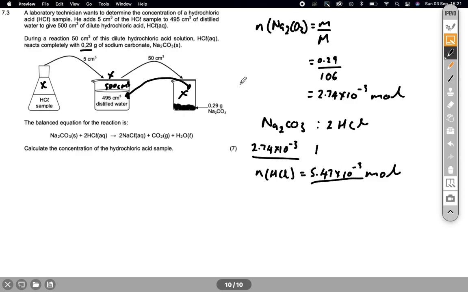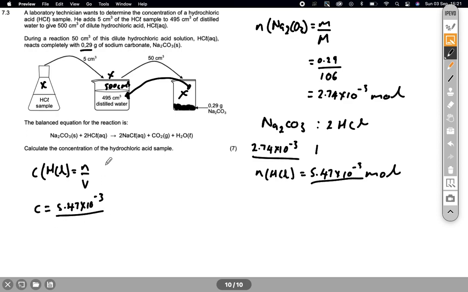Okay, so to find the concentration of the HCl in the distilled water, our number of moles were 5.47 times 10 to the negative 3 divided by our volume.